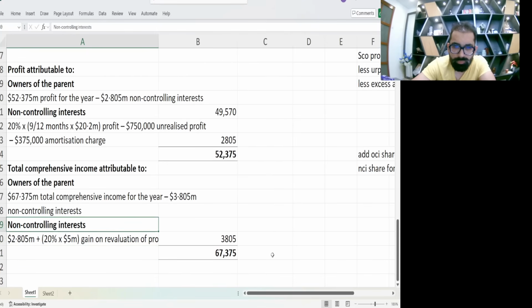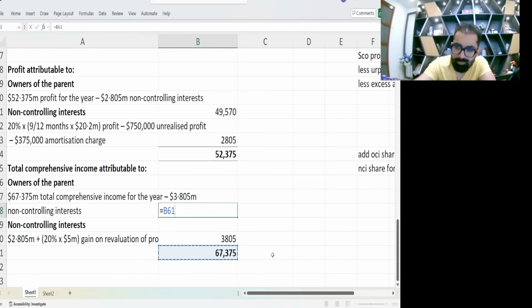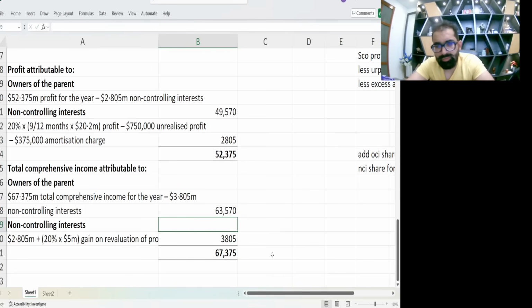Now what is going to be the parent company's share? The parent company's share will be this minus this. Done. Everything is done. Complete question done.